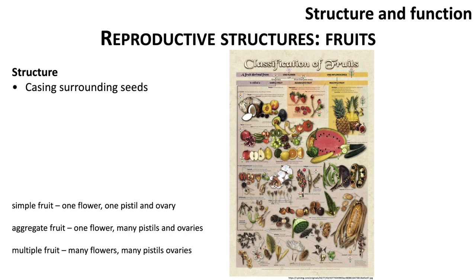An aggregate fruit is one that comes from a single flower with multiple pistils and ovaries, like raspberries. And a multiple fruit is many fruits from many flowers and ovaries that fuse together to function as one, like a pineapple. And of course, the function of fruits is to protect and disperse seeds. Many are dispersed by animals, but also by wind, air, and water.